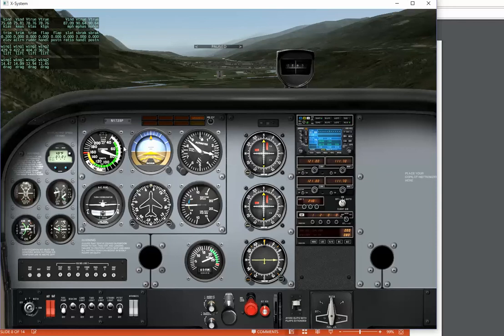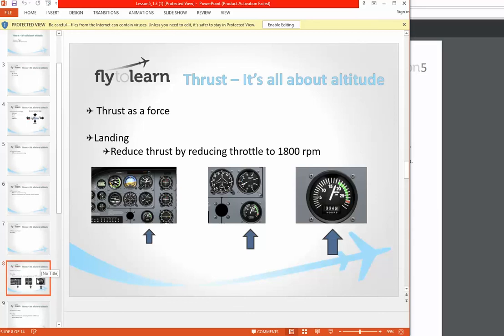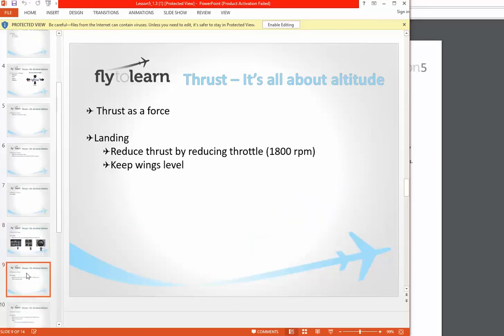We're going to want to keep our airspeed indicator somewhere between 75 and 85 for the entire duration of our landing. Okay? There's one thing I'm missing. What is that? Throttle. Oh, right.